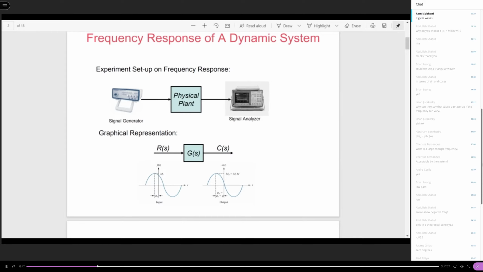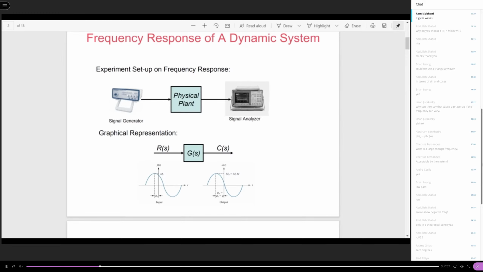If we know the capability of the physical system with respect to response to a specific frequency, then I will be able to manage how to manipulate the system. So this is exactly what the frequency response analysis gives to us. So let's see how we are going to go.